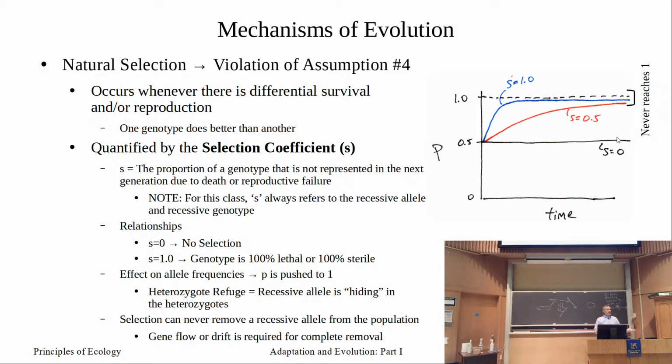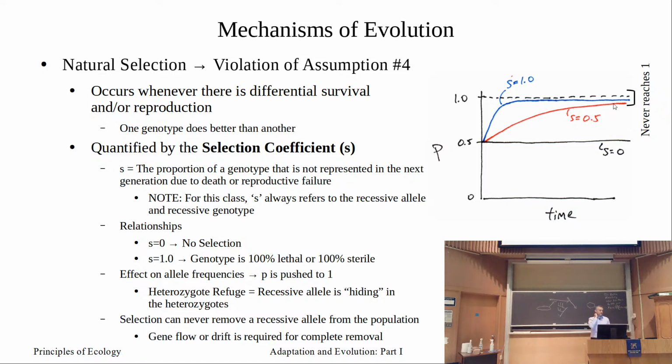Now we know in real life we have genetic drift that's going to kind of cause it to fluctuate, but in a theoretical population where there is no drift or gene flow or mutation, and now no selection, our allele frequency stays flat.